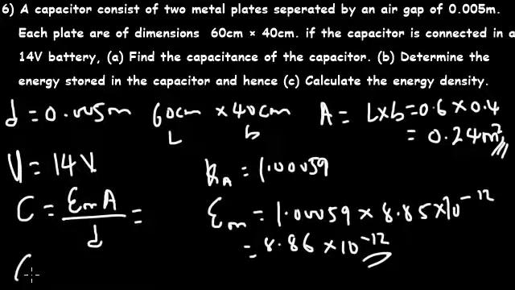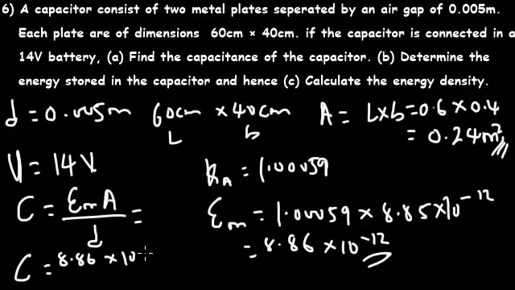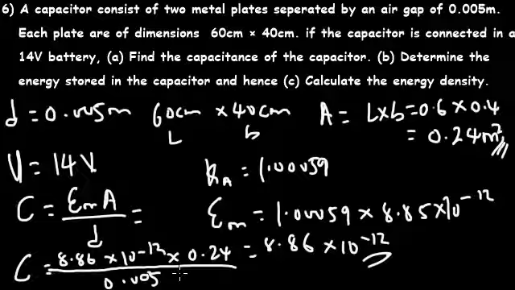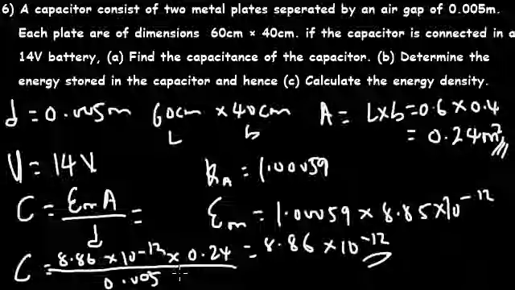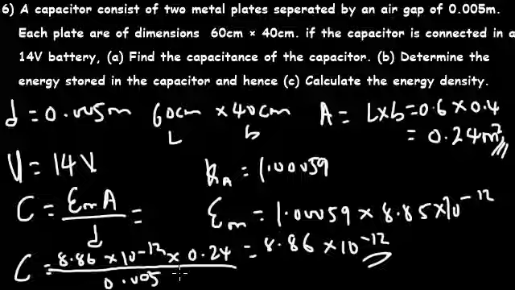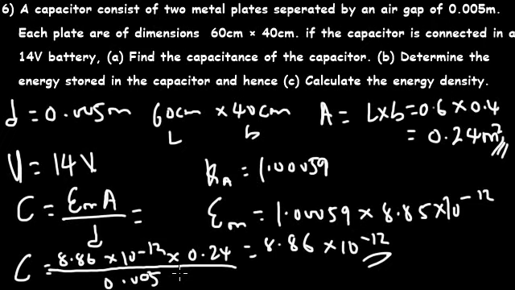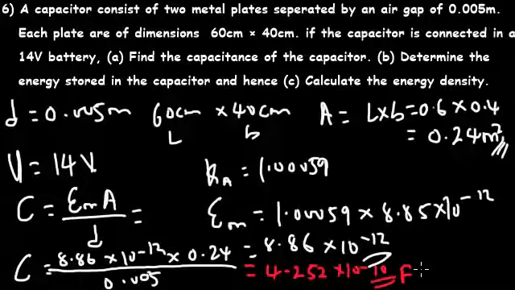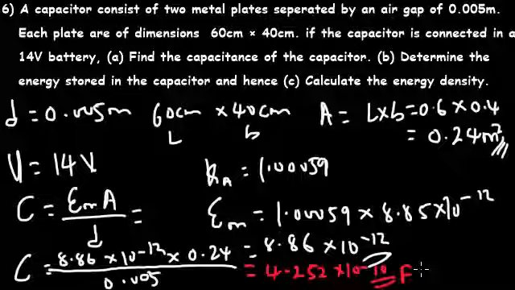Therefore, C is 8.86 times 10 to the power of negative 12, multiplied by the area, 0.24, divided by the separation distance, 0.005. Using the calculator, I got the capacitance of this capacitor to be 4.252 times 10 to the power of negative 10 farad.